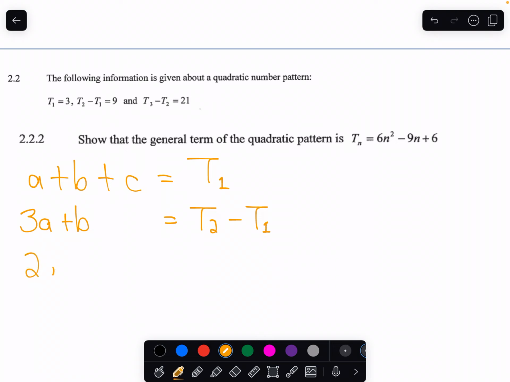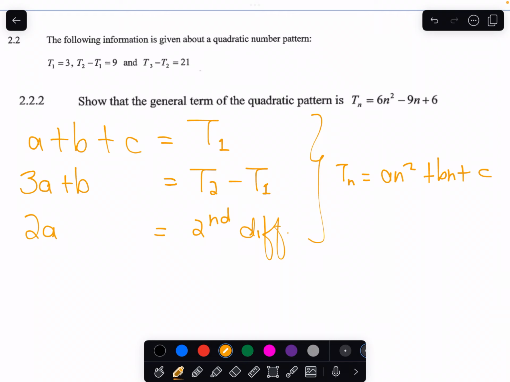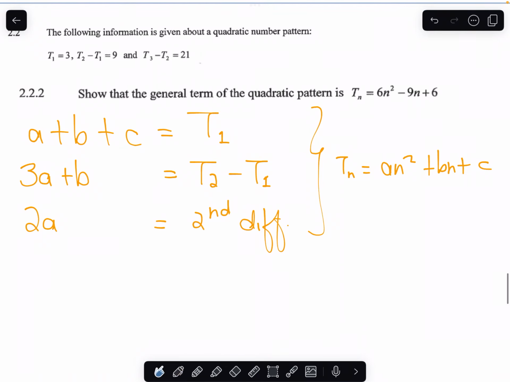And then the constant second difference is the same as 2A. A, B, and C being the A, B, and C in the general quadratic pattern formula. So we can use this to figure out our A, B, and C.